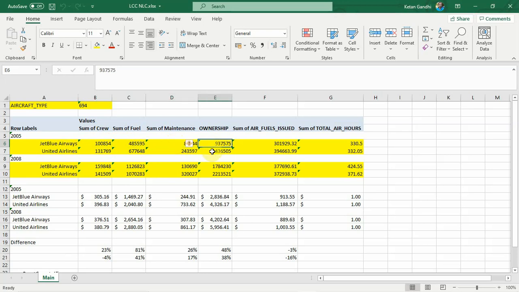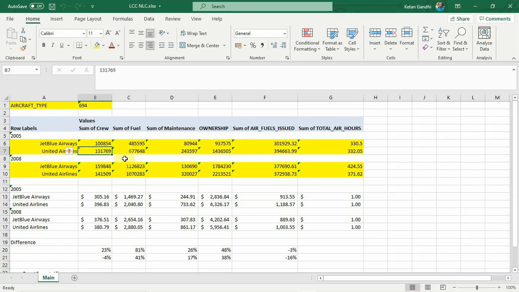Then the ownership cost was 9 million, and the fuel issued was 3 million, and the sum of the total air hours, 330.5 hours, was flown for year 2005 for this aircraft 694, for JetBlue Airways. Now we look at United Airlines.